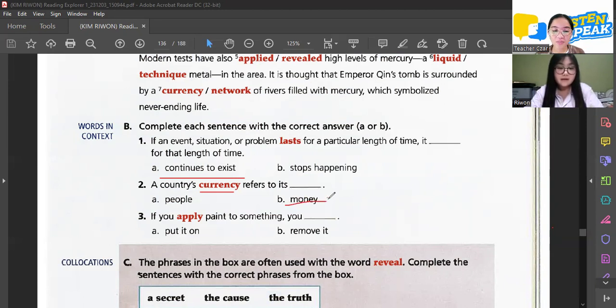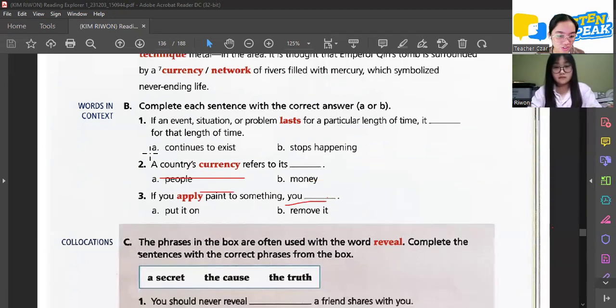So now let's have number 3. If you apply paint to something, you put it on. Yes, put it on because you are applying or putting on something. Okay, now let's try to have the last one, the collocations.